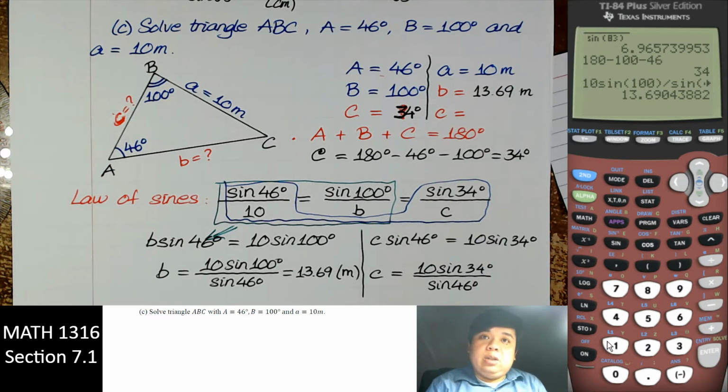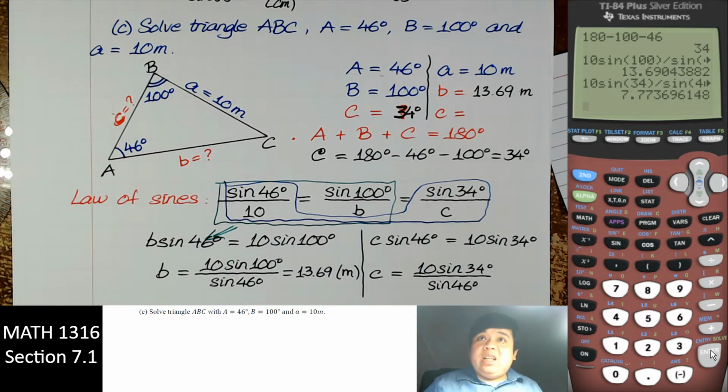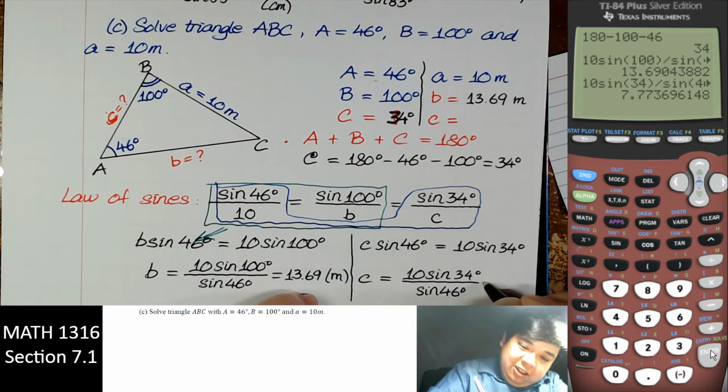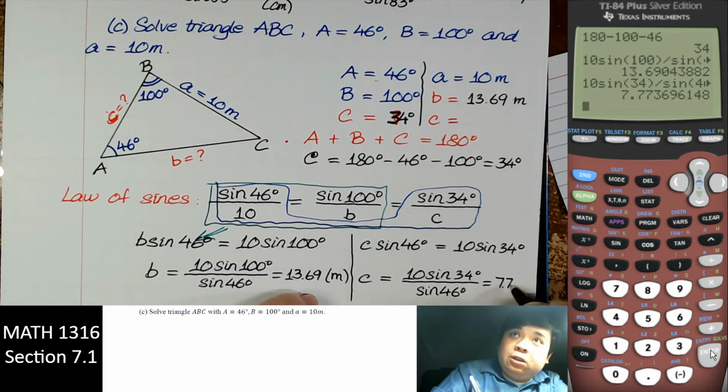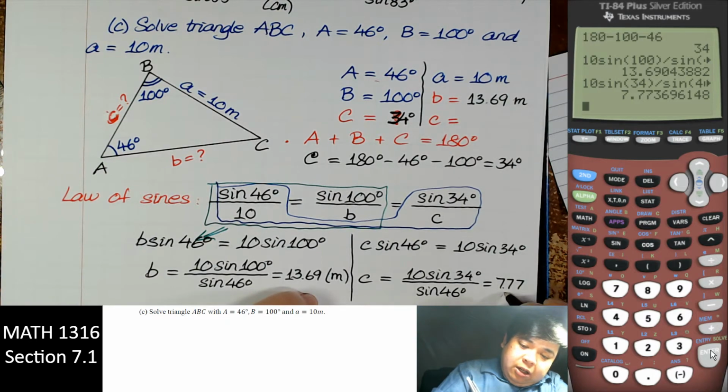So 10 sine of 34 divided by sine of 46 is 7.77 meters.